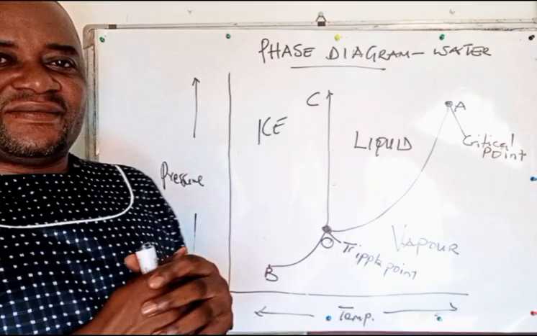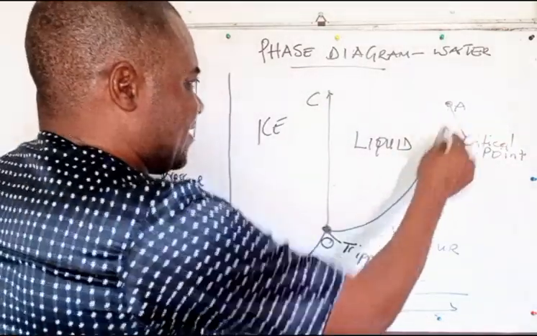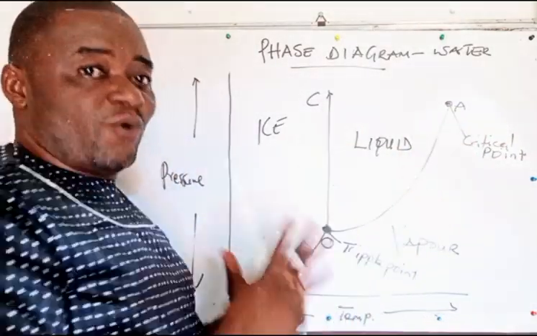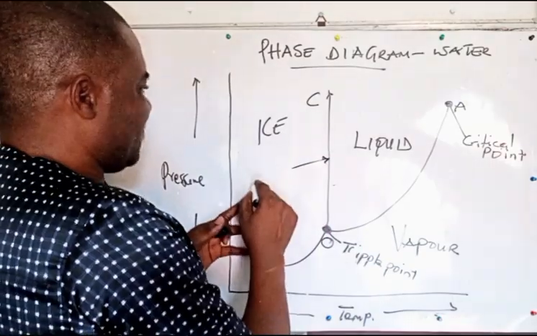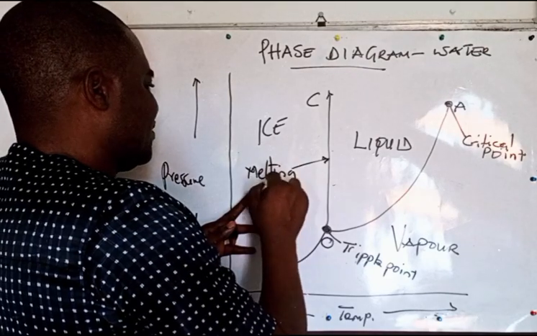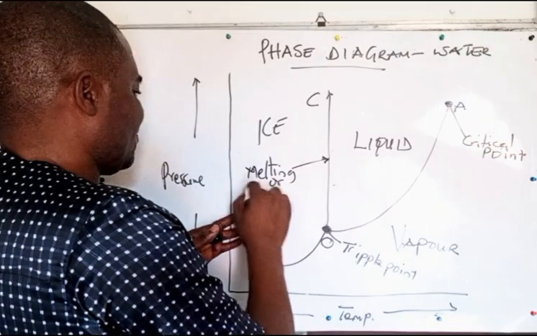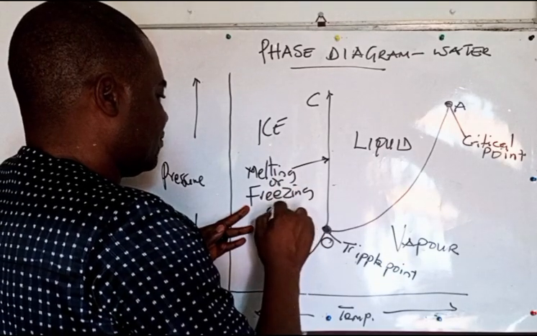What plays around here? I want us to understand something: these lines that you see here represent something very important. The line you see here is described as your melting, or you can call it your freezing curve.